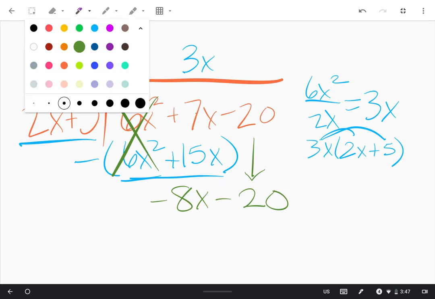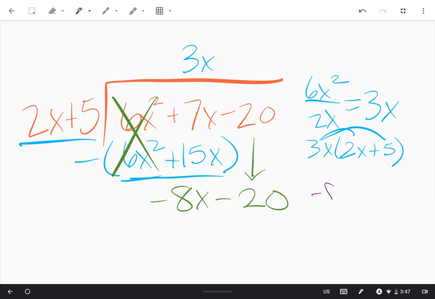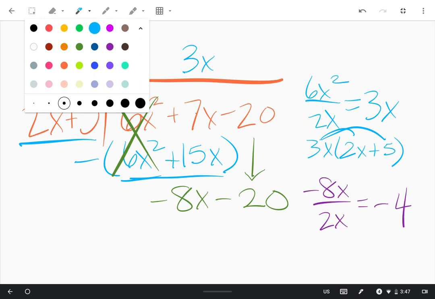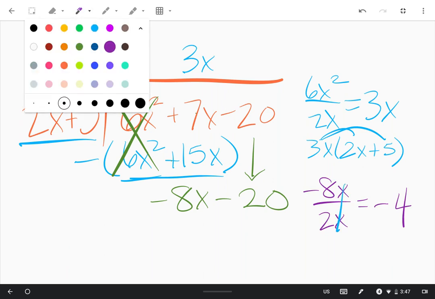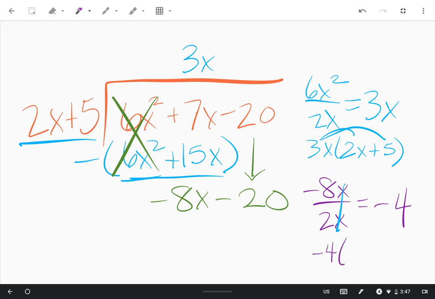So I come over here and I do negative 8x divided by 2x, and I get negative 4 because the x's cancel each other out. Then I multiply negative 4 times 2x plus 5 by distributing the negative 4.